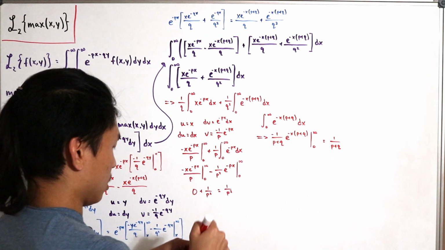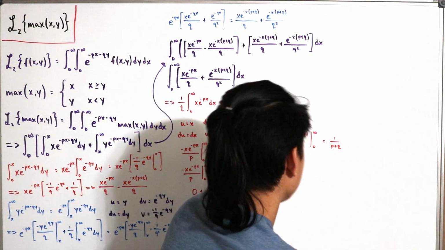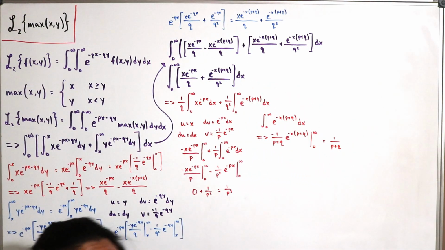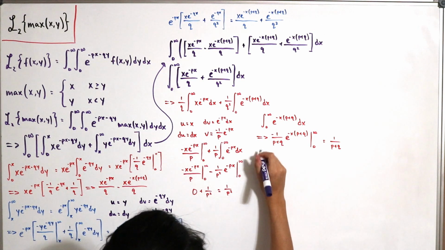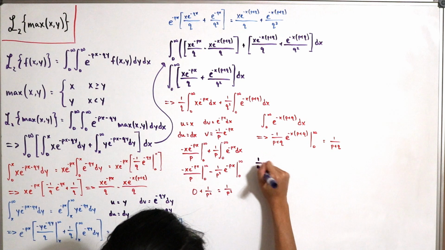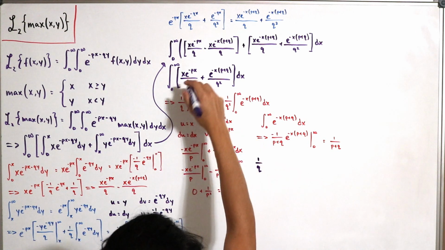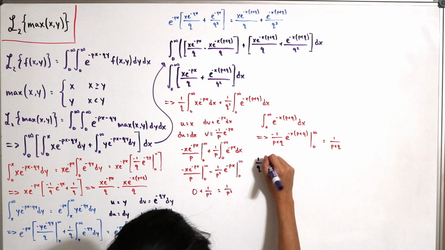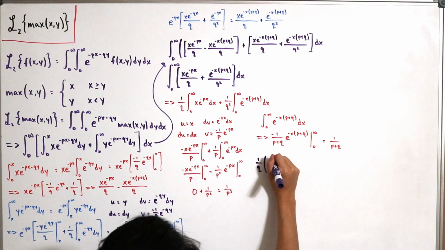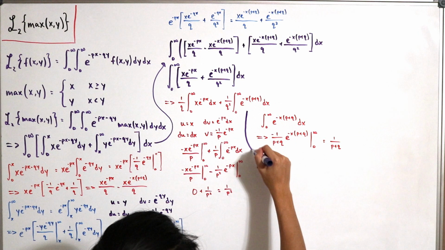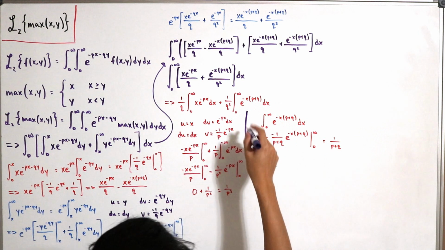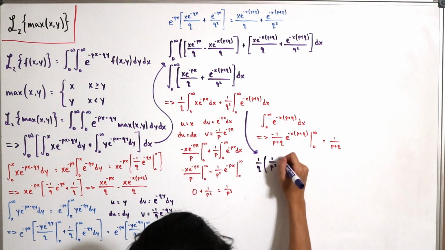Okay, and so now plugging this back in. See, we're almost done. We have the 1 over q, then we substitute this back in, that'll be 1 over p squared. Here, let me actually draw this so we know that this is going from here to here. Well, the whole thing, not just this, but you get the idea.